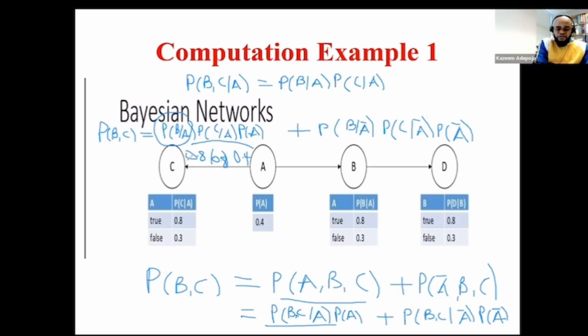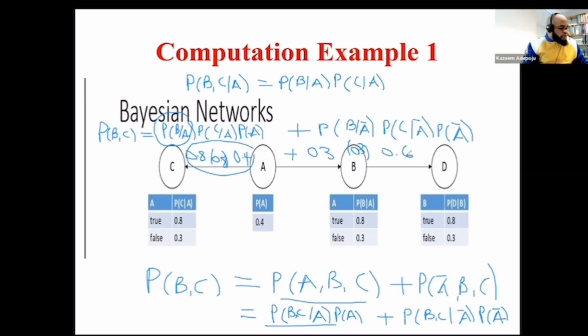So you're going to multiply all that, plus what is the probability of B given A complement? That would be 0.3. What is the probability of C given A complement? That would be 0.3. And what is the probability of A complement? That would be 0.6.